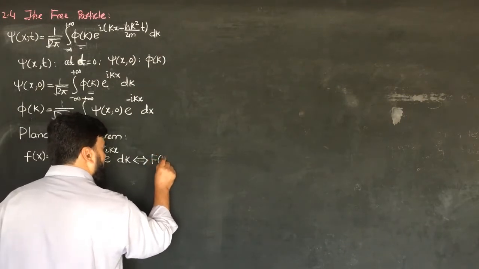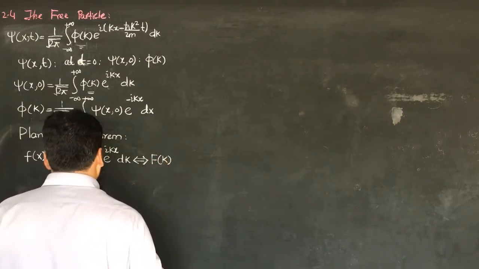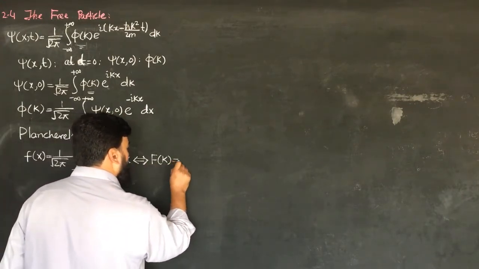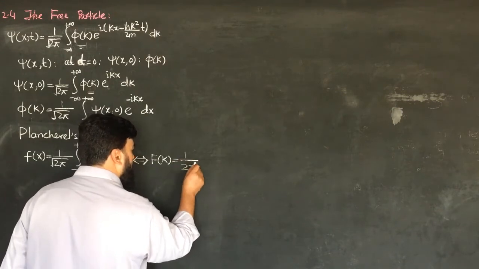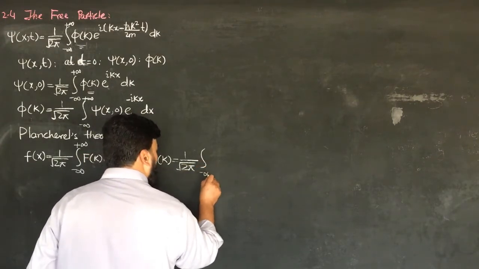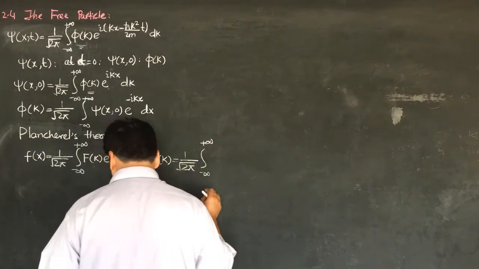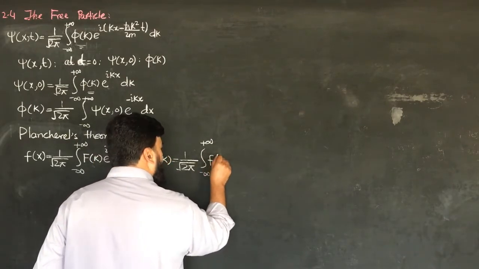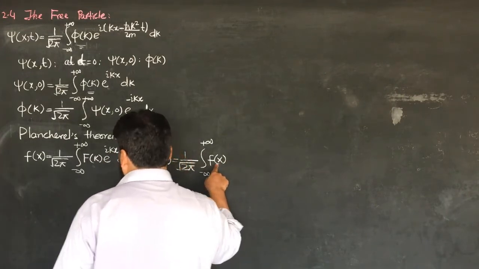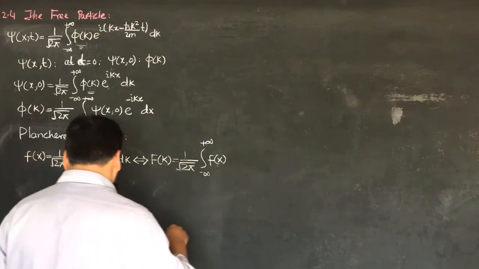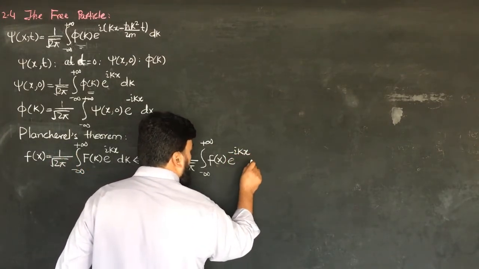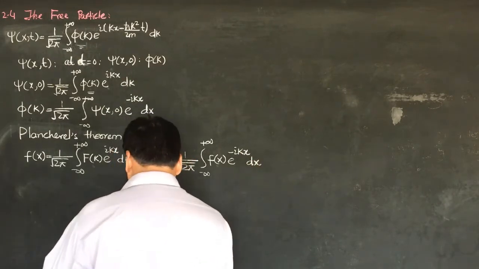That F(k) we can write as 1 over the square root of 2π integral from minus infinity to plus infinity of f(x), and now this f(x) is actually this one, e^(-ikx) dx.